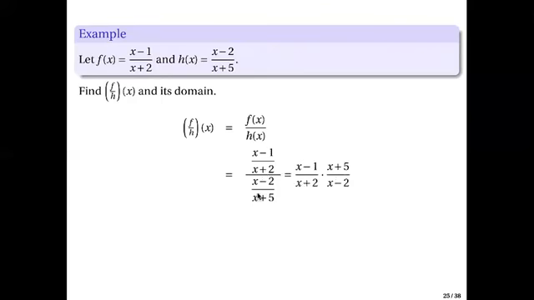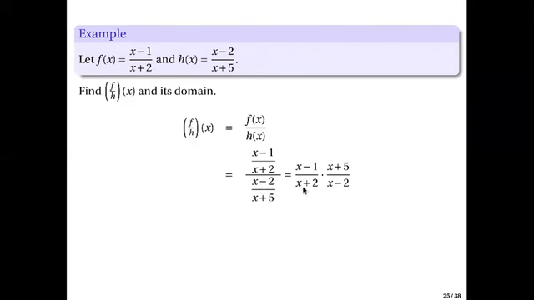So this guy here, we change this to multiplication, but we need to get the reciprocal of this denominator. So you will just have x minus 1 over x plus 2 coming from the big numerator. And then here you have x plus 5 over x minus 2, the reciprocal of your big denominator.